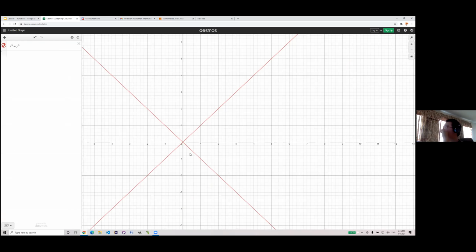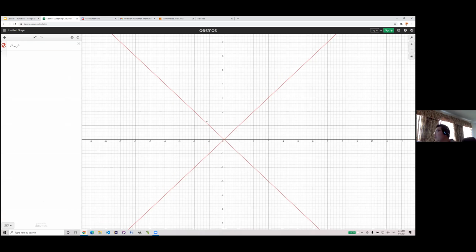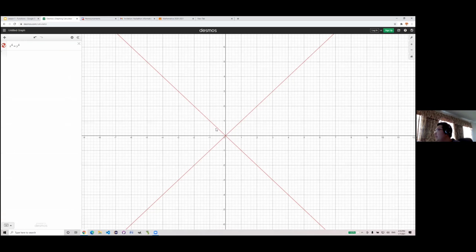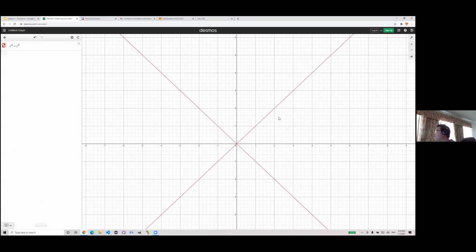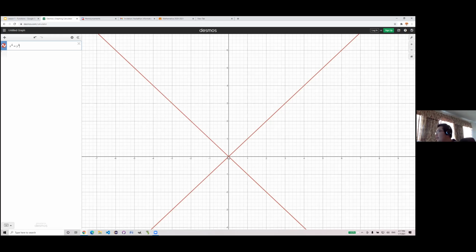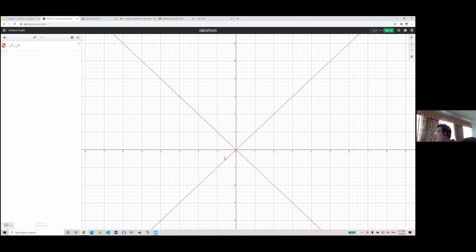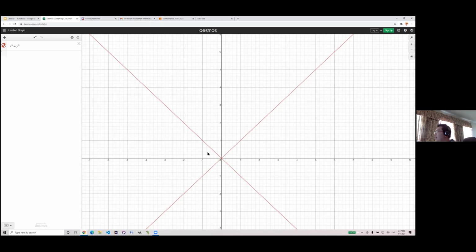Now you might be really confused, right? Because a lot of people think that x^4 equals y^4 is almost the same thing as x squared equals y squared. But that's actually not true. Because if you think about it, x^4 equals y^4 is the combination of f equals x and f equals negative x.